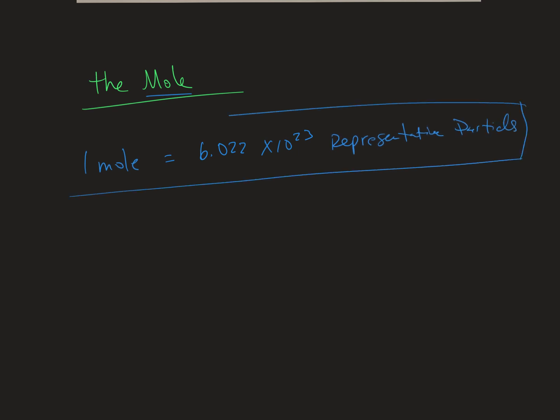And this is just a conversion factor if we want to convert moles to particles or particles to moles. I'll tell you what representative particles means in just a minute.